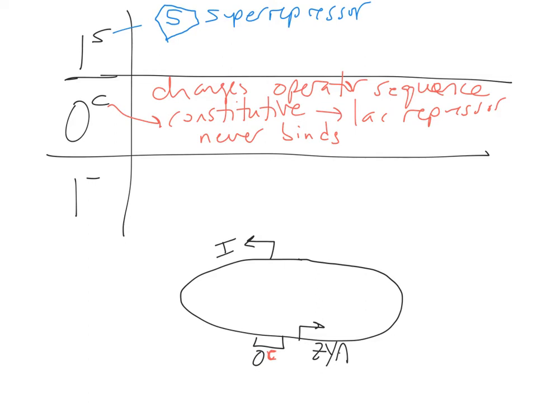So when lac repressor binds the operator, there's no transcription. So in the presence of lactose, we want to get rid of lac repressor. How does lactose get rid of lac repressor? So something happens. When lactose, that small sugar, is available, lac repressor leaves the operator so that transcription can happen.